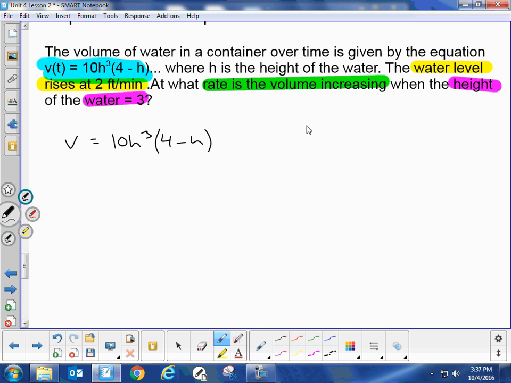That would be the height of my water and how it's changing. This would be dh dt equals 2. See, I can figure that out, throw that down on the paper. That's going to be important to use. The question is, at what rate is the volume increasing? The rate at which the volume is increasing would be dV dt. And we're going to try to figure that out when the height of the water is 3. You can say h equals 3.